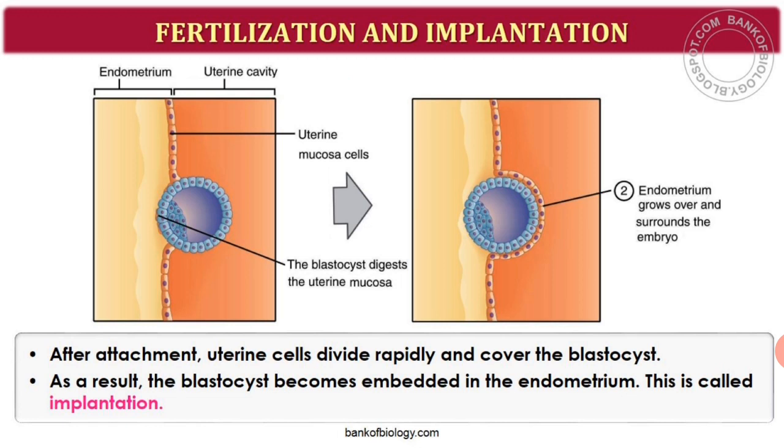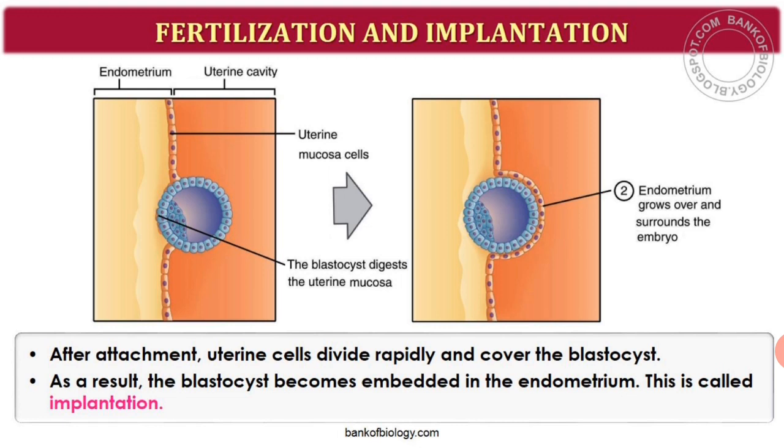Now you can see the events of fertilization and implantation at a glance, at a single stretch. Ovulation has taken place, and from the right side you see the ovary, corpus luteum, rupturing follicle, and ovulation.